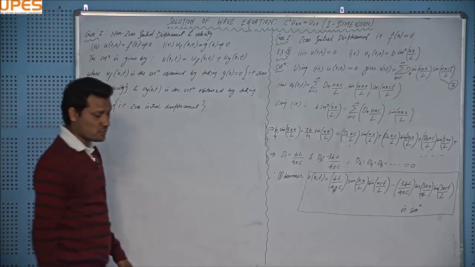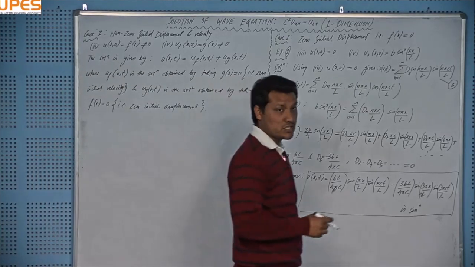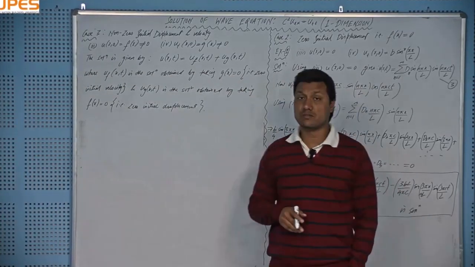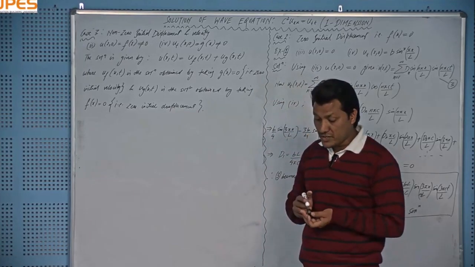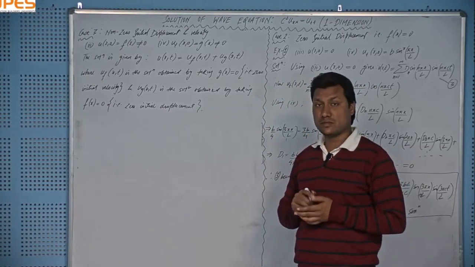So this case number 3 for non-zero initial displacement and non-zero initial velocity is actually the combination of our last two cases, right?